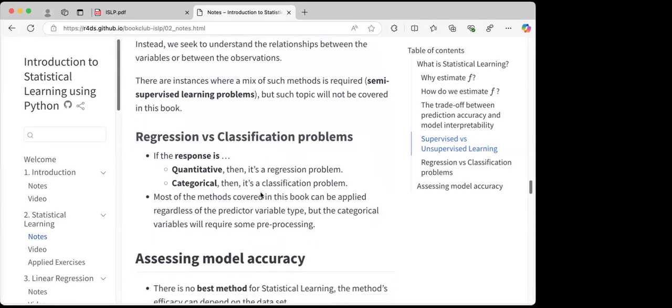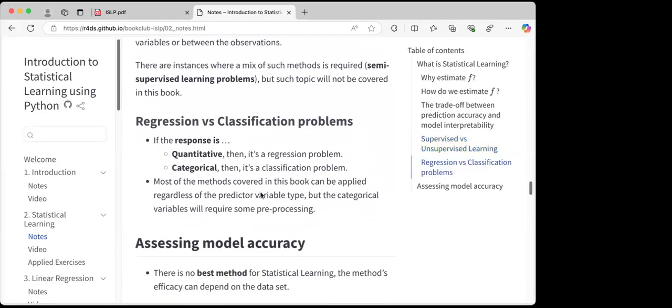The easiest way to identify this is that regression problems are usually those where the response variable is quantitative, for example your age, your height, your income, and stuff like that. So when the response variable is quantitative, we could easily say this is a regression problem.